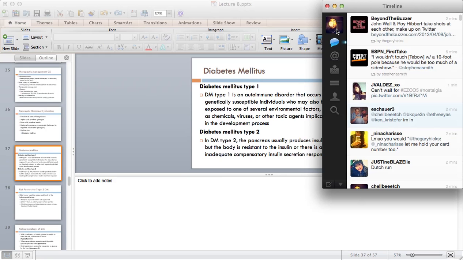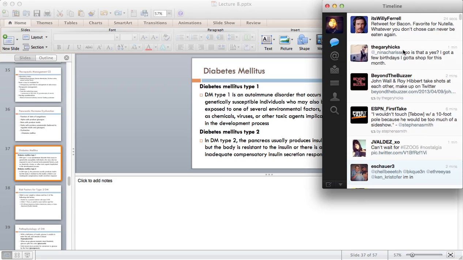In type 2, the pancreas is normal, produces insulin, but for some reason, there is a resistance to that insulin, or that insulin is not adequate to maintain the function of the body.